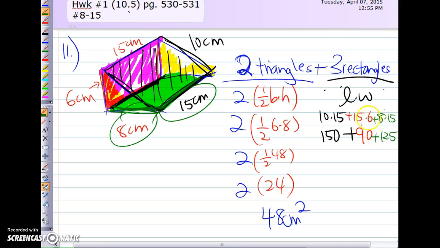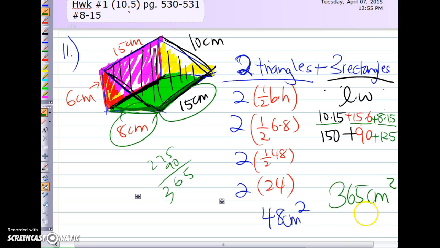Okay, so now I have those 3 rectangles here, and I'm going to add them all up, which makes 275 plus 90, 365. So 365 centimeters squared. So now I have these 3 rectangles. I'm going to also add the 2 triangles on top of that. So I'm going to add them together.